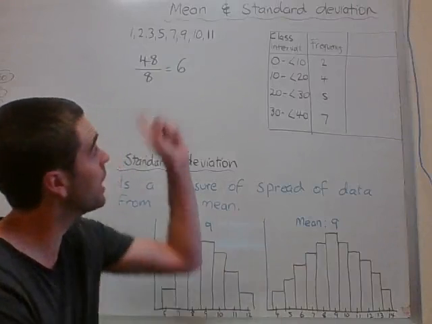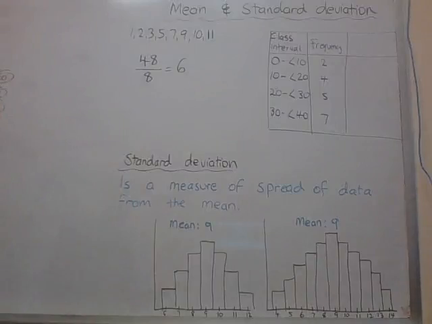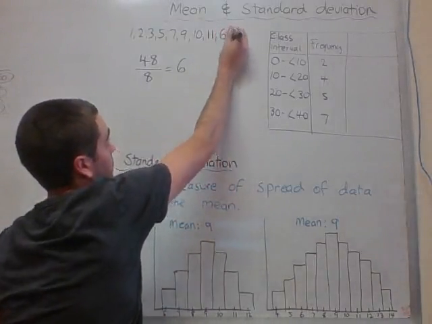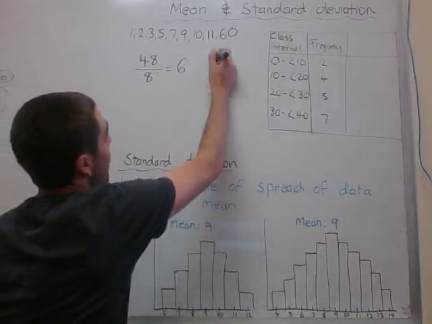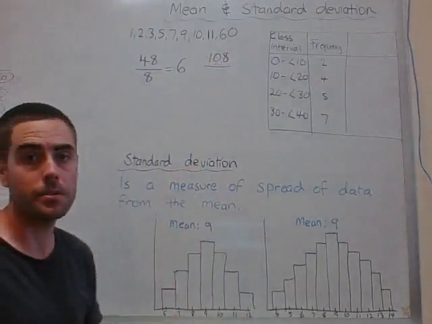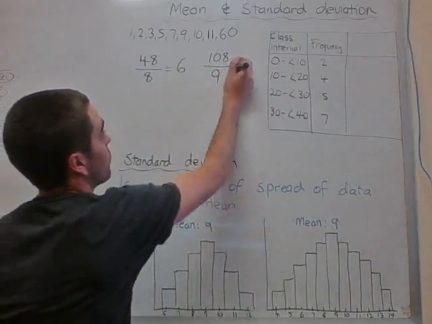If I was to add another number to this set of data, so we're at 48 at the moment, if I was to add in the number 60, I now have a total of 108, and there are now 9 pieces of data. 108 divided by 9 is 12.